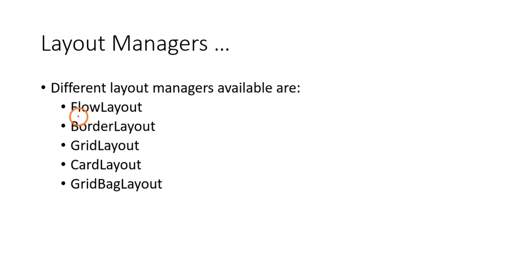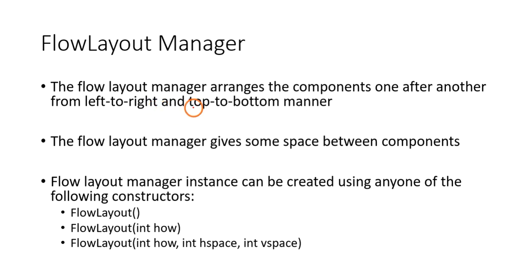In the demonstration we are going to see the usage of the flow layout manager. The remaining ones you can check out on Google, what they are and how they work, but in the video I will show you flow layout. So let's see something about flow layout. The flow layout manager arranges components from left to right and top to bottom.